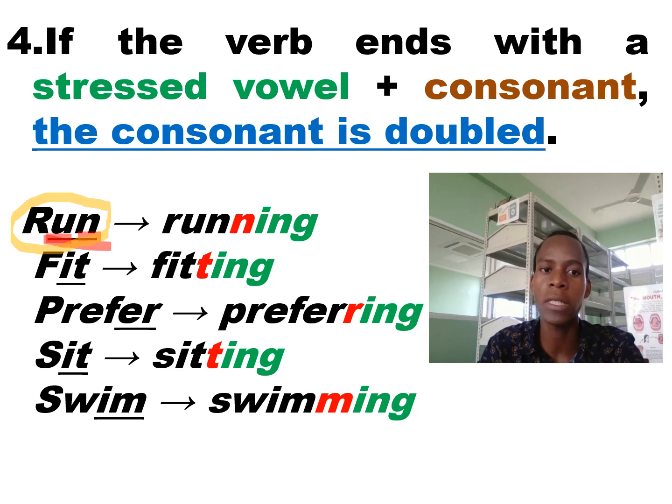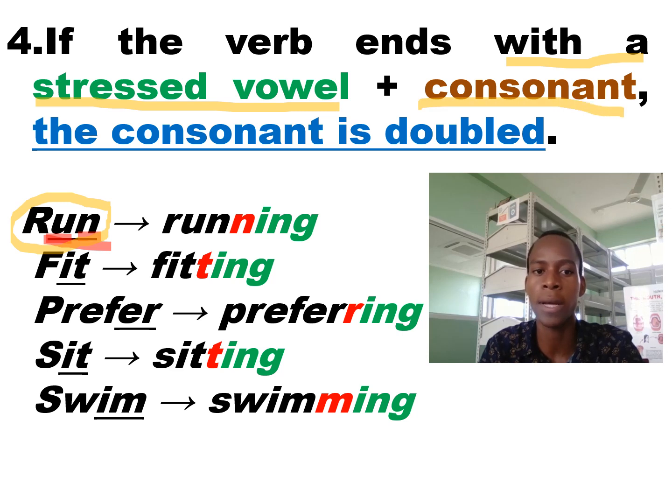So the principle is, if we have verbs that end with a stressed vowel and a consonant at the end, the consonant is doubled. That means we add another consonant sound. For example, we have the word eat, feed.